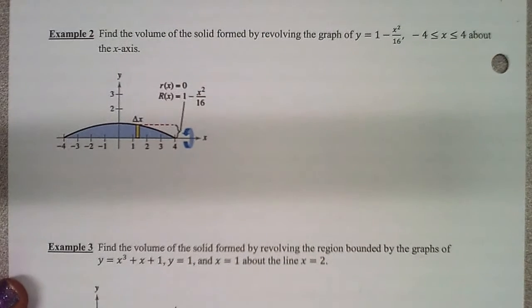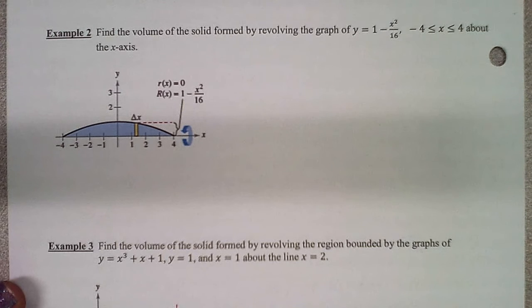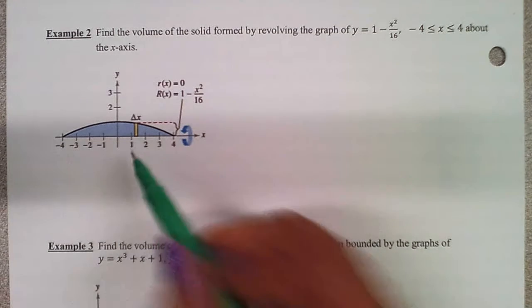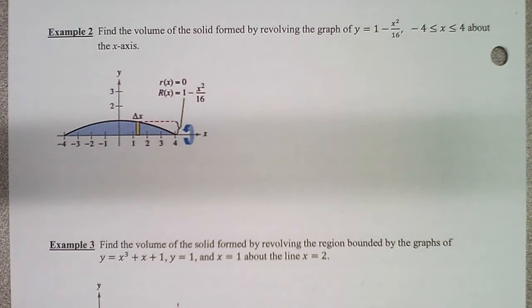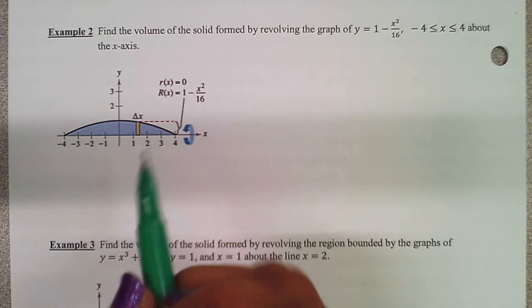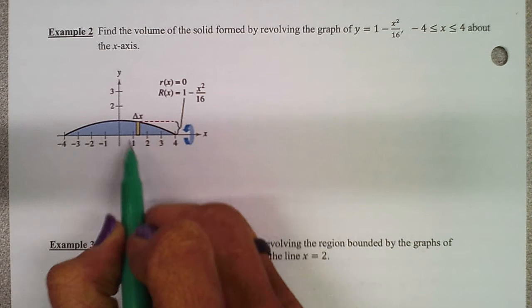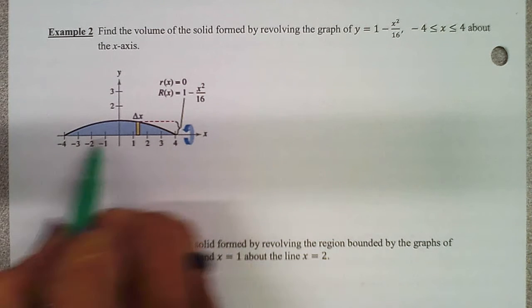Example 2, they tell us to find the volume of the solid formed by revolving the graph of y equals 1 minus x squared over 16 from -4 to 4 on the x about the x-axis. So for this one, they're showing us how they want this rectangle here to sit.